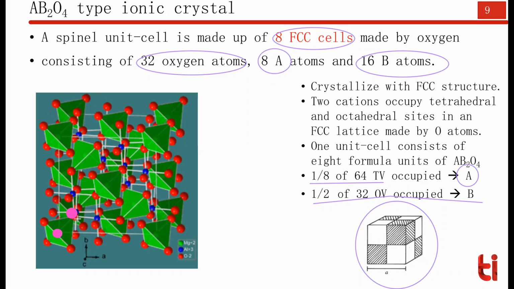So A positions are 8 in number, B positions are 16 in number, and oxygen positions are 32 in number. Is it clear? So if somebody asks what is the percentage occupancy, for A it is 1/8 and for B it is 1/2. For oxygen, all sites are occupied, right? And the stoichiometric ratio of A to B to oxygen is 1:2:8.